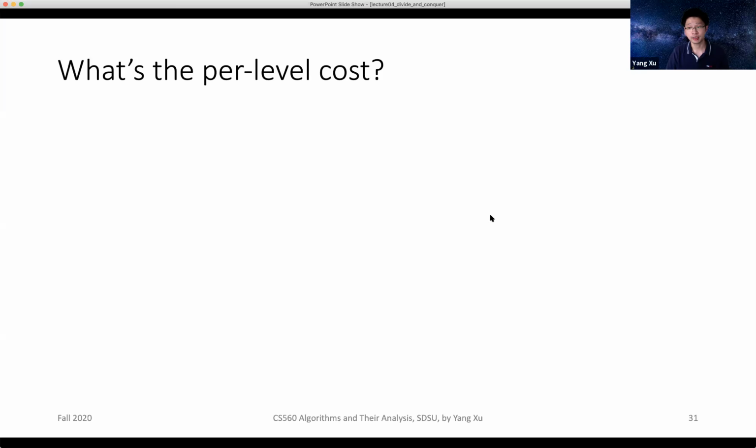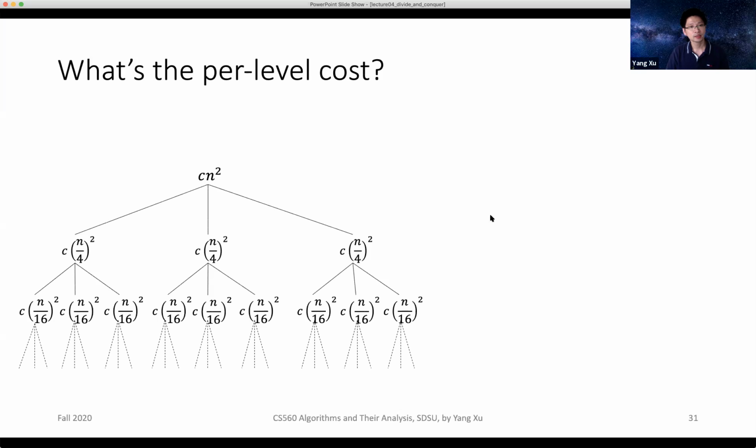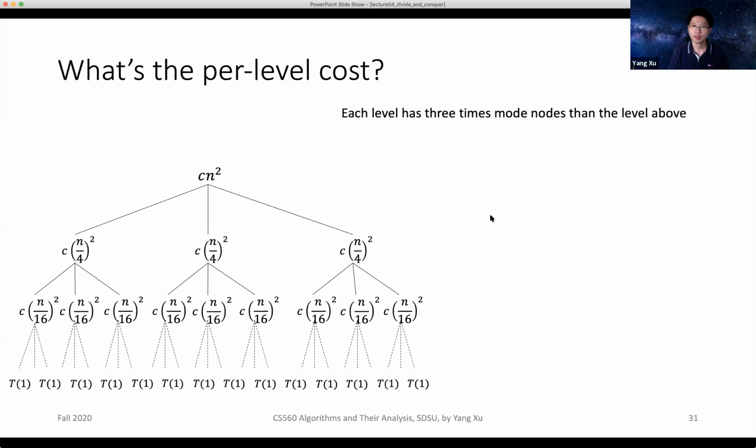So we now look at the per level cost. We will need to use the fact that each level has 3 times more nodes. Let me correct this typo here.